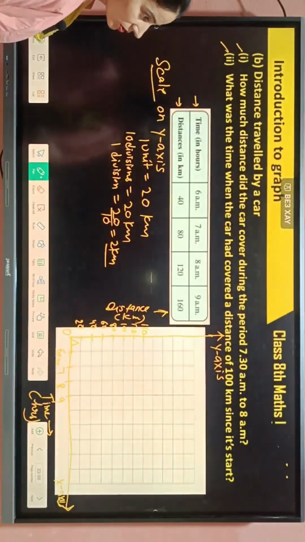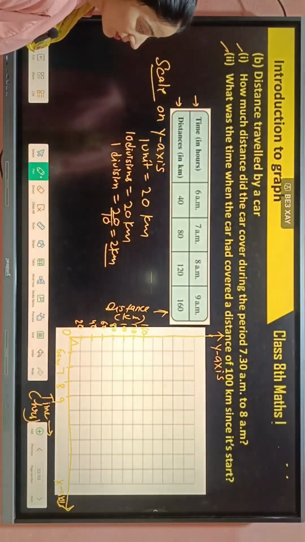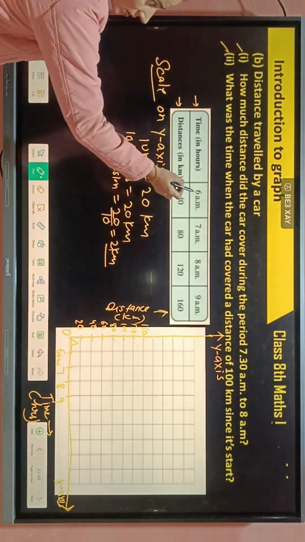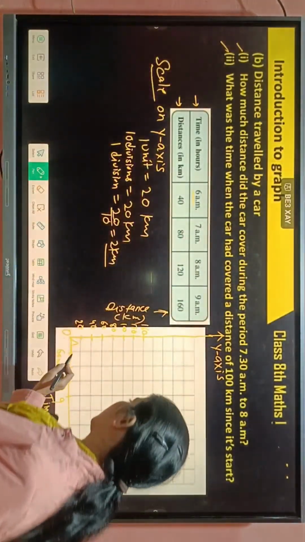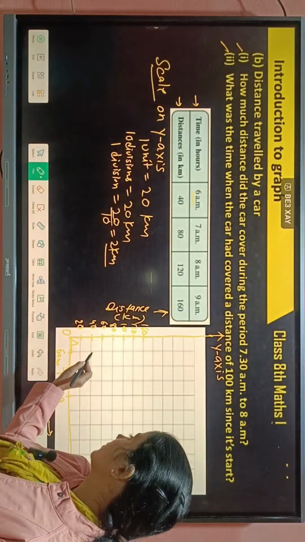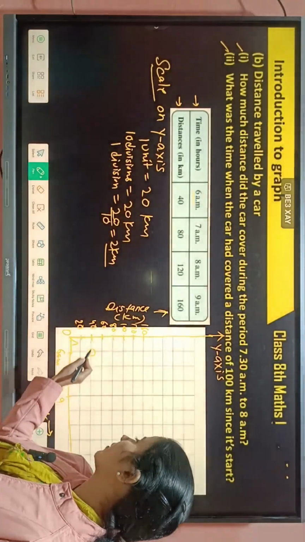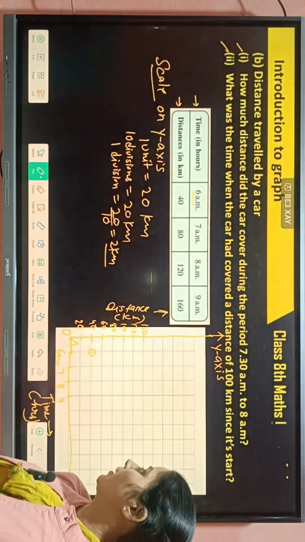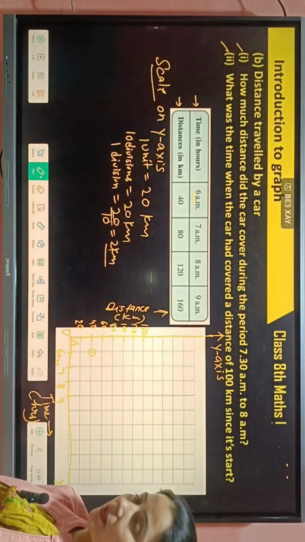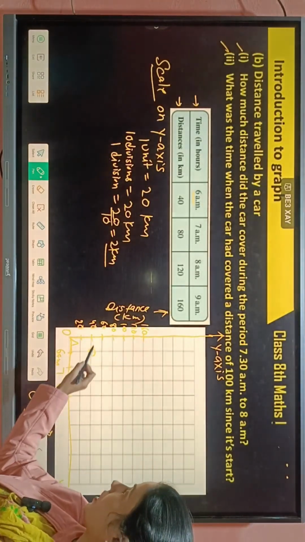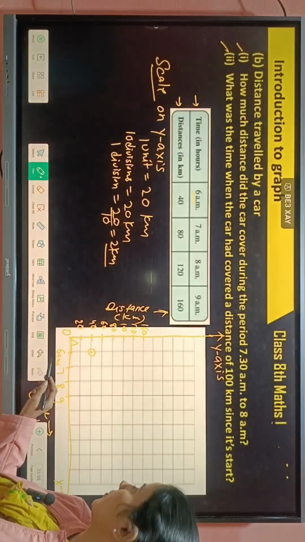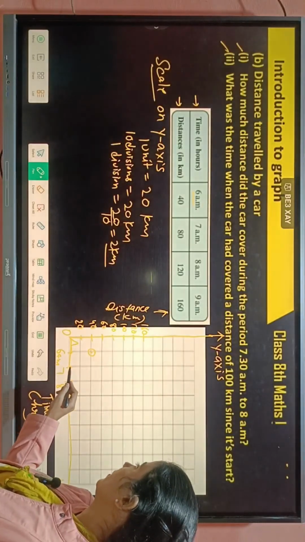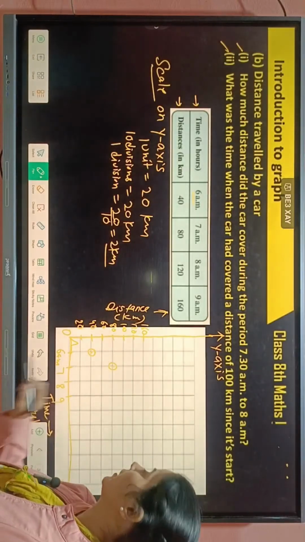Now let us plot this information on this graph. At 6 a.m. distance traveled is 40 kilometer. Means this is that point where we have to locate. Now at 7 a.m. distance traveled is 80 kilometer.